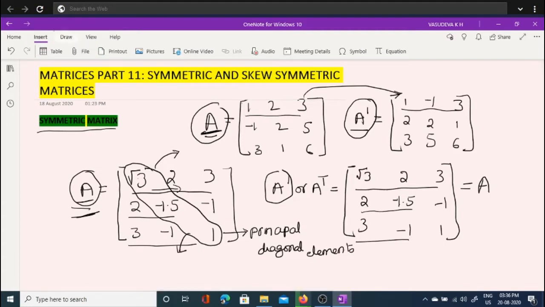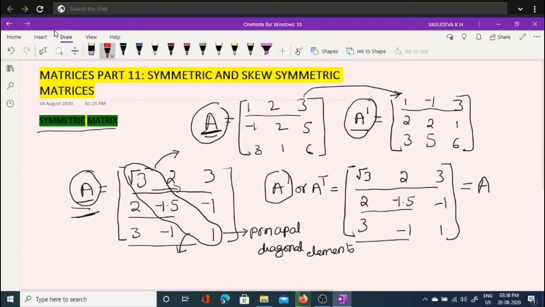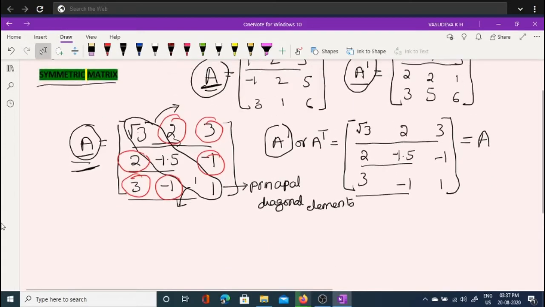So what do you say? What do you conclude here? Observe that this 2 is same as this, 3 is same as this, in below the principal diagonal minus 1 and minus 1. So from this we conclude the special characteristic of the symmetric matrix: the elements above the principal diagonal are same as the elements below the principal diagonal.